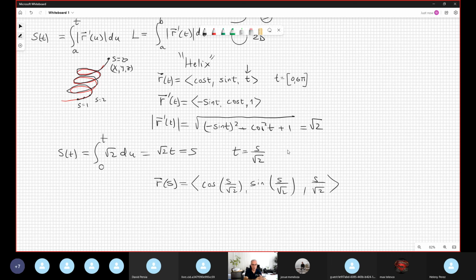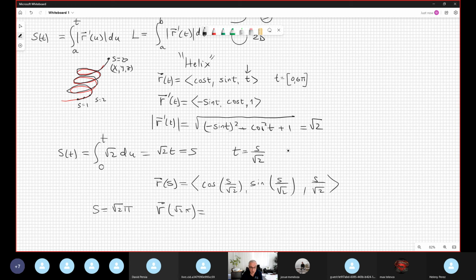If you want to find the position of the insect, you evaluate at the arc length. Suppose I want to evaluate at s equal radical 2 pi. So the insect travels this distance along the helix. Then you evaluate this at radical 2 pi.